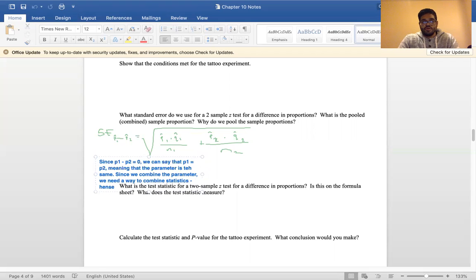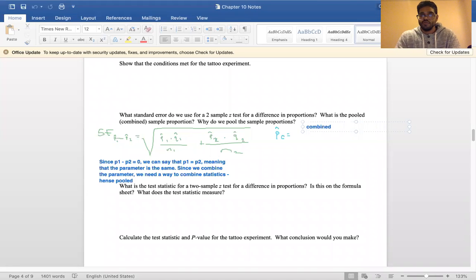So hence, what you can do for pooled is P hat C, which stands for combined, is equal to the combined successes divided by the total combined.